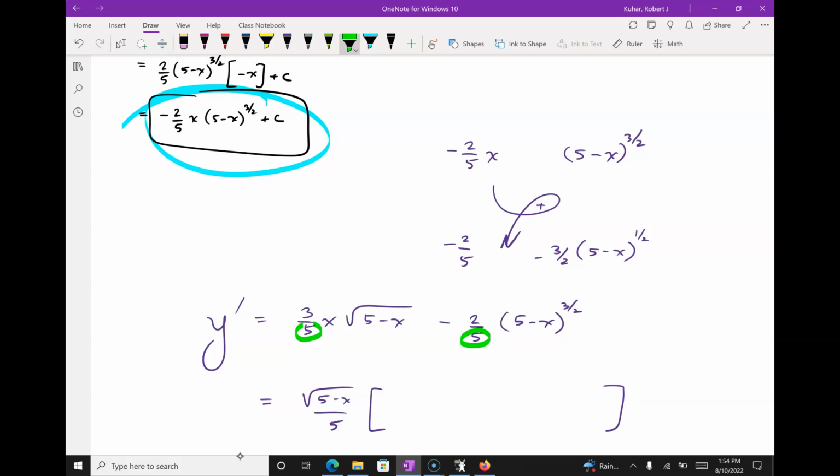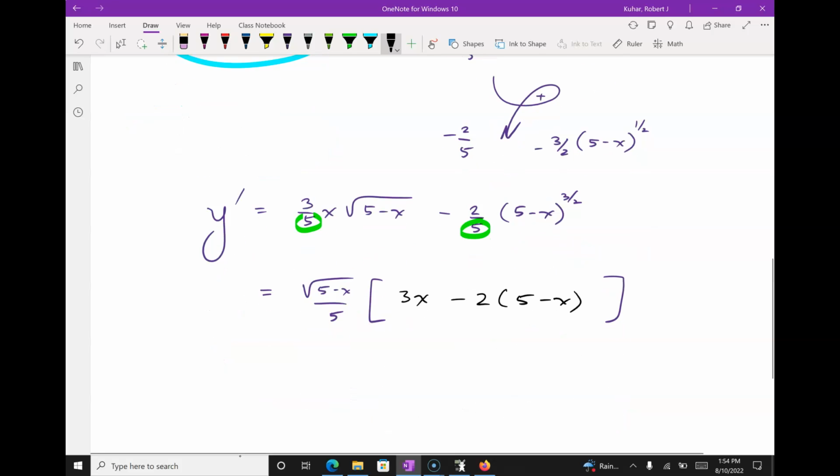So what's left over from my first piece? 3x. And what's left over from my second piece? 2 times 5 minus x, right?